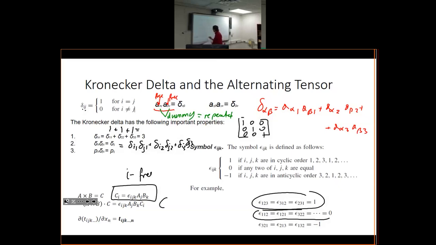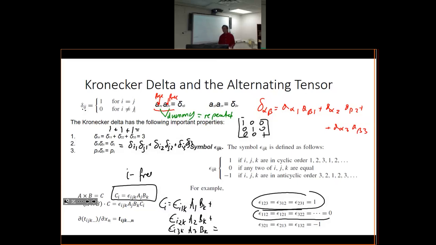So c_i would be epsilon i1k a1 b_k plus epsilon i2k a2 b_k plus epsilon i3k a3 b_k.